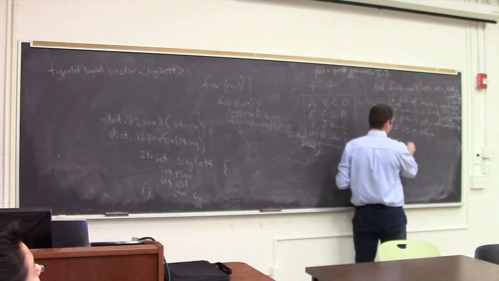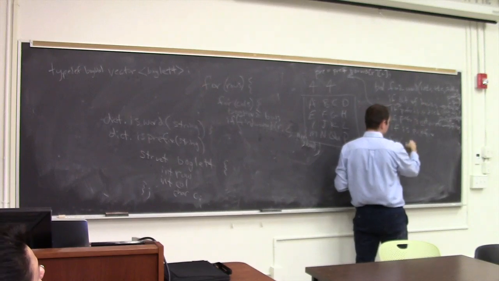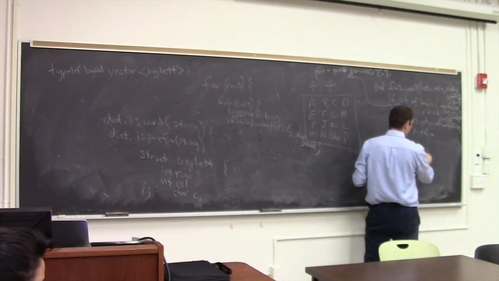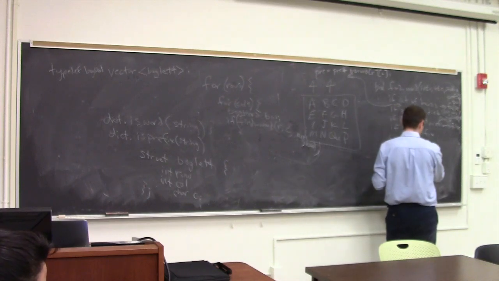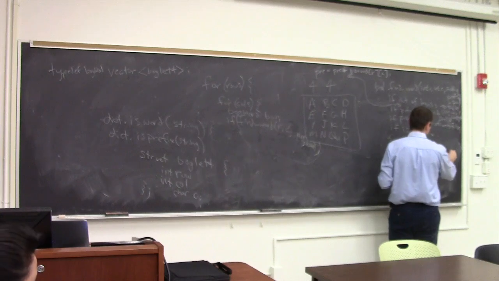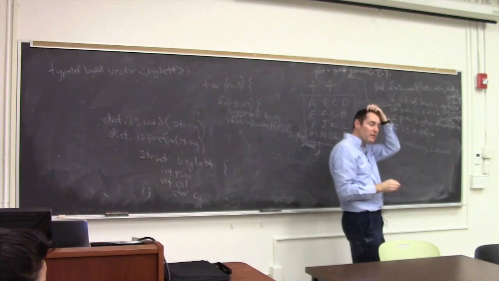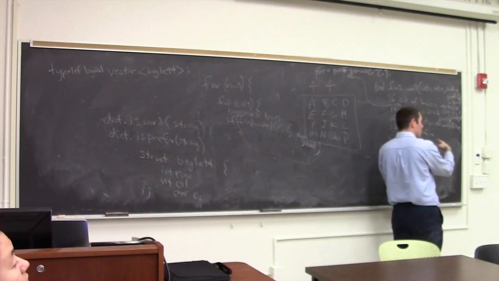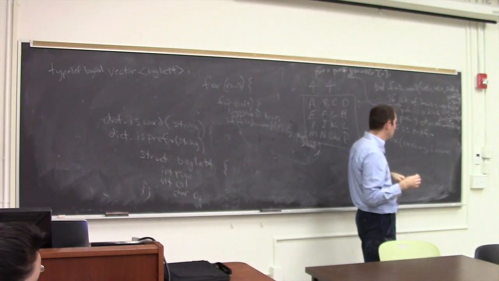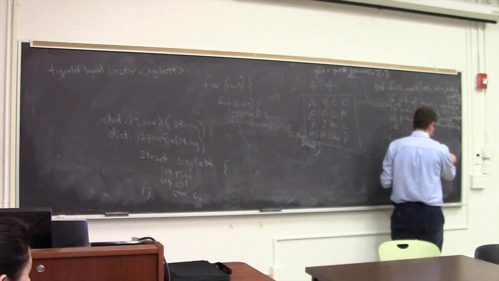For I equals, we'll use I, I equals row -1, I is less than row plus 1, right? That would give you 0, 1. Would it give you 2 or 3? You might have to do row plus 2. Yeah, I think it's going to be row plus 2, isn't it?